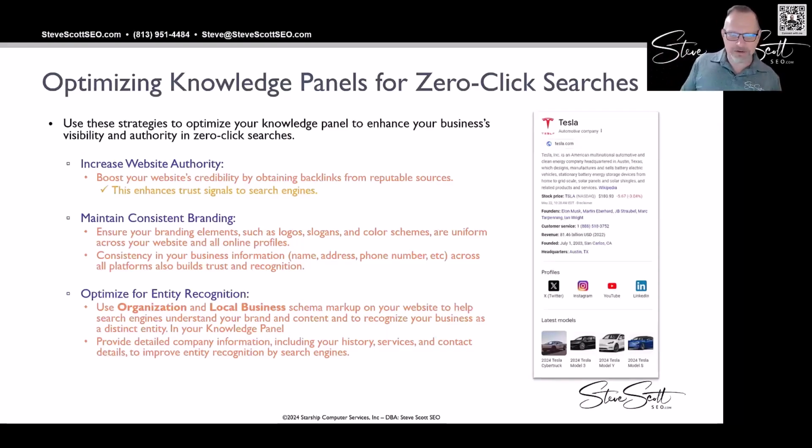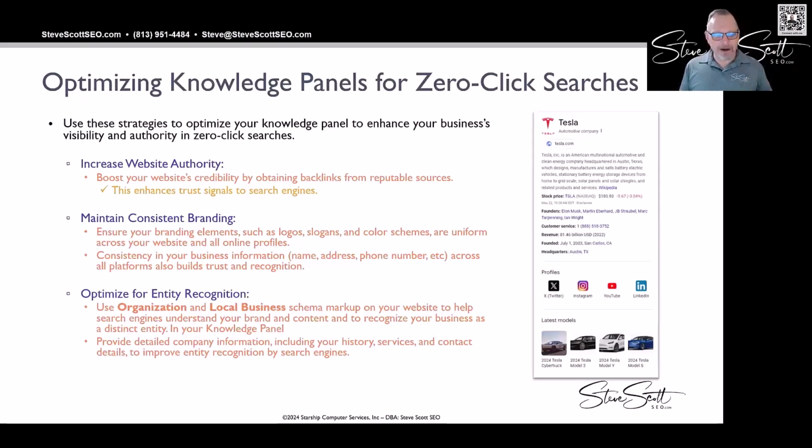Just make sure they're all consistent, because consistency in your business information, like your name, phone number, and so on, across all platforms also builds trust and it builds recognition, right? You begin to see that logo, those colors, those names across multiple platforms. And the more touches that people see as they're browsing around, the more people become knowledgeable about who you are and what you do.